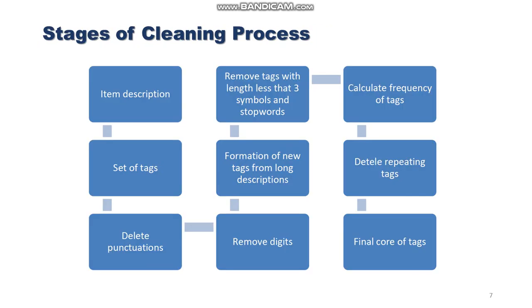After the first stage, we extract the set of tags and delete all punctuation, and also remove tags with lengths less than 3 symbols and stop words, and generate new tags from long descriptions.